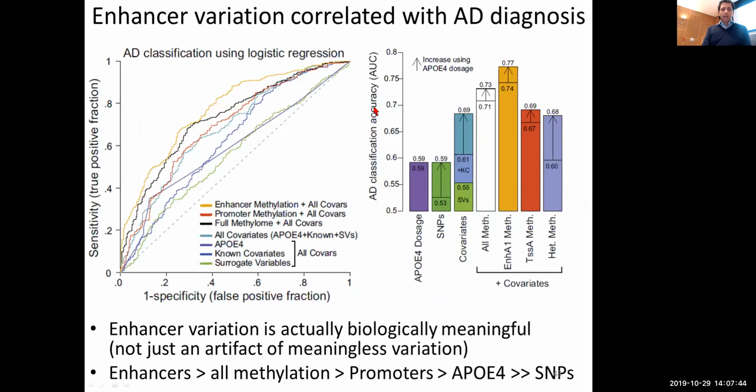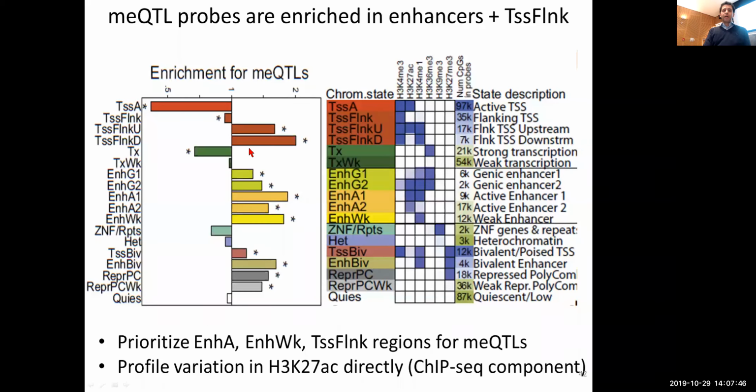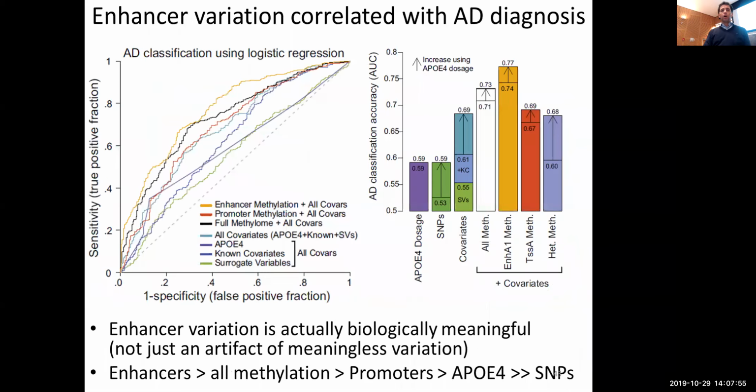And then we can ask, given that promoters are depleted and enhancers are enriched, if I were to focus on different chromatin states, what would be the total predictability that I would have on disease? And the answer is that if I take genetics alone, all of the SNPs in the genome give me about 59% area under the curve for predicting Alzheimer's.